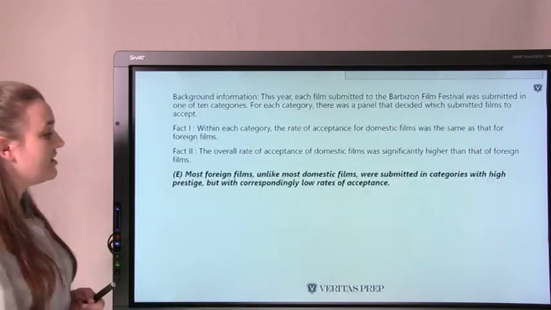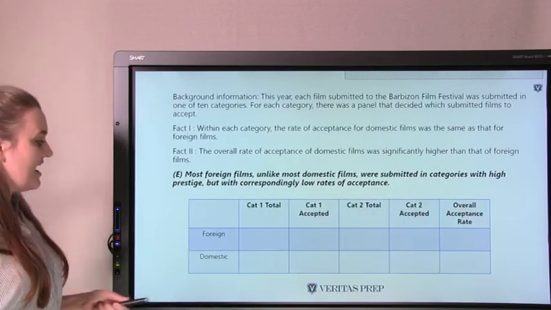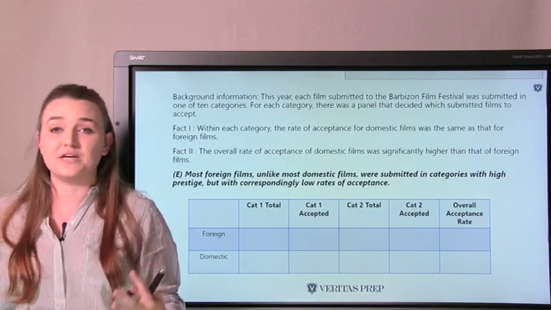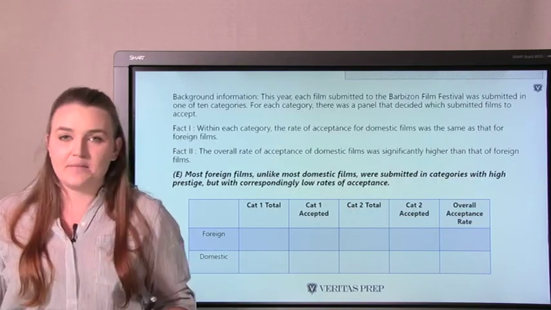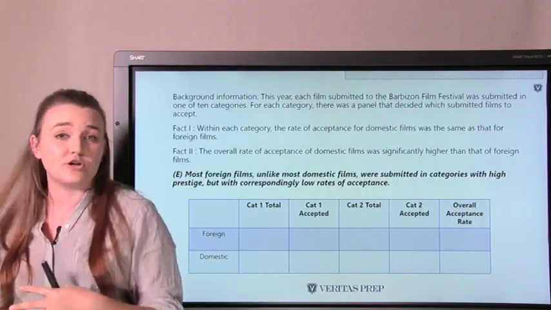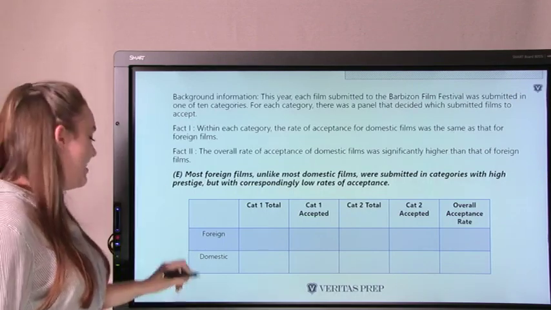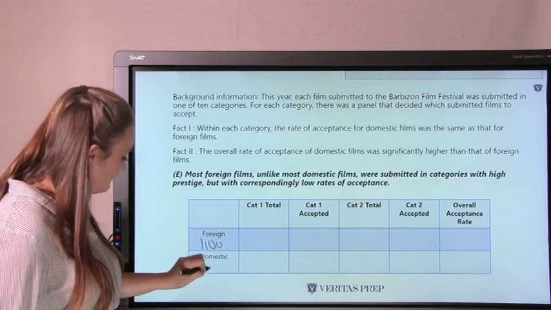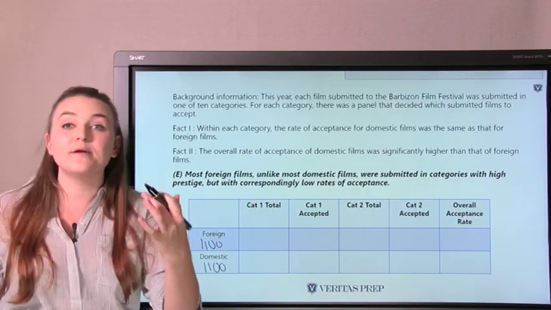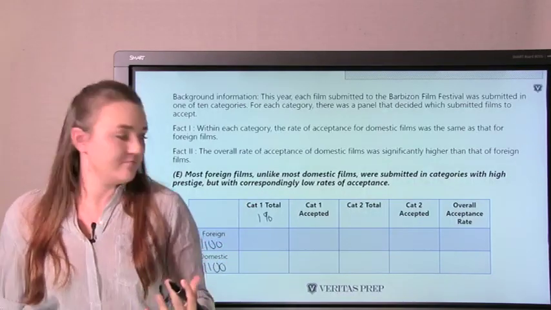So if I look at a case like my answer choice E, right? If I have my foreign and domestic films, let's hypothetically move through this as if we do have the same population size. Again, this will work regardless of whether we have the same population size or drastically different population sizes. Let's say I have 1,100 for each, and my category 1 was a 1% acceptance, right? Very, very low acceptance rate.